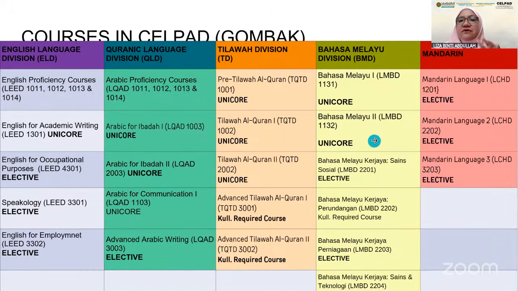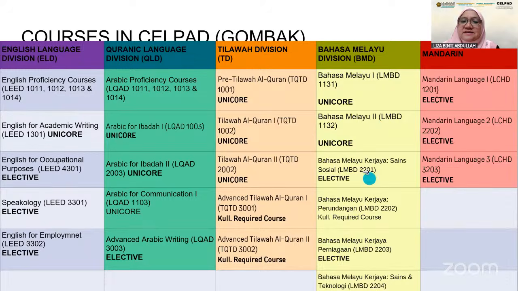But for those who are from other countries, Indonesia, Thailand, and sometimes Indonesia, you're able to speak Bahasa, but maybe it's more to your own accent, things like that. So we want to make sure then you sit for the Malay placement test, and you may be exempted, or you would be in either one of these or maybe both.